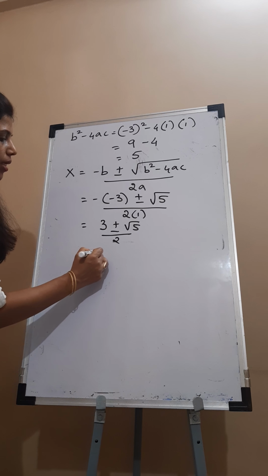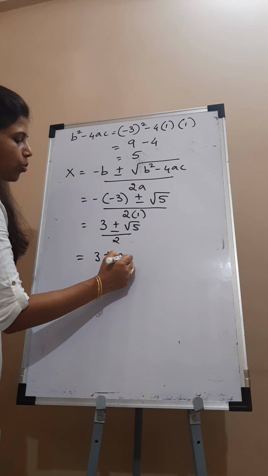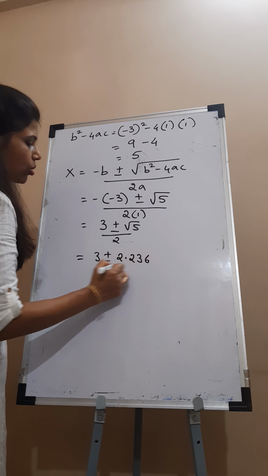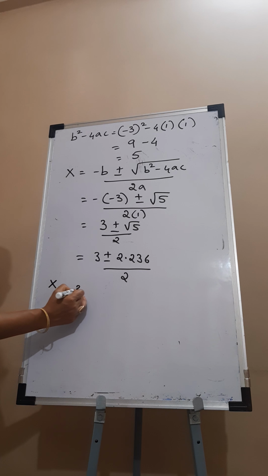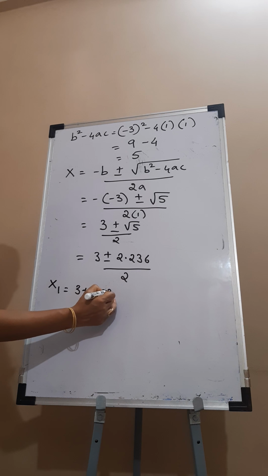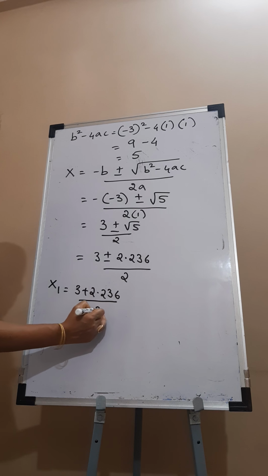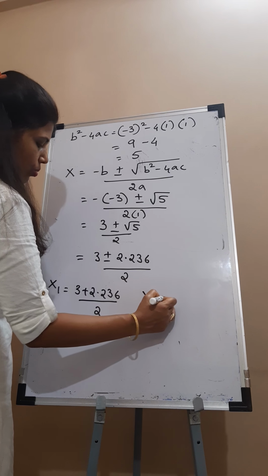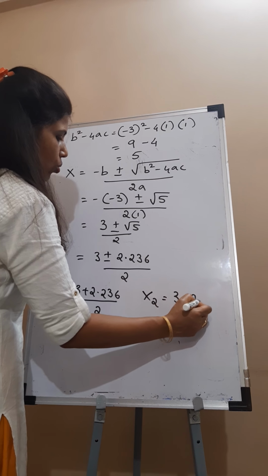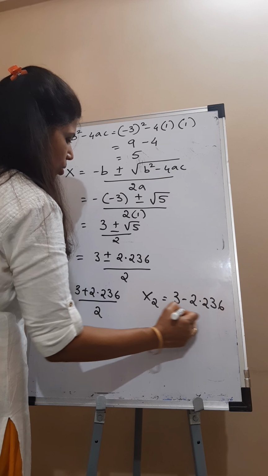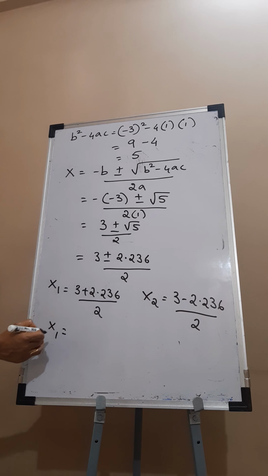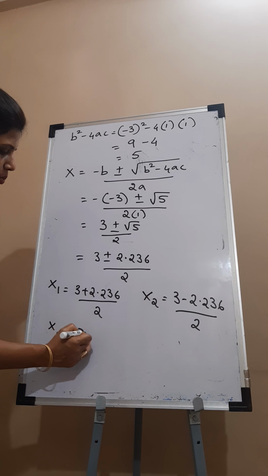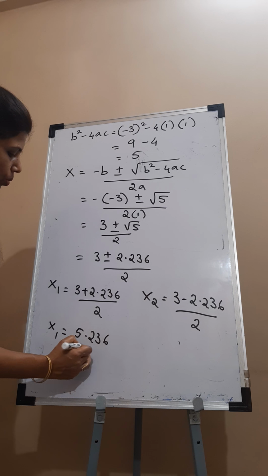So that is 3 plus minus 2.236 upon 2. Now as it is plus minus, you have to split it. x1 is equal to 3 plus 2.236 upon 2. x2 is equal to 3 minus 2.236 upon 2. So x1 is equal to, when you add, you will get 5.236 upon 2.